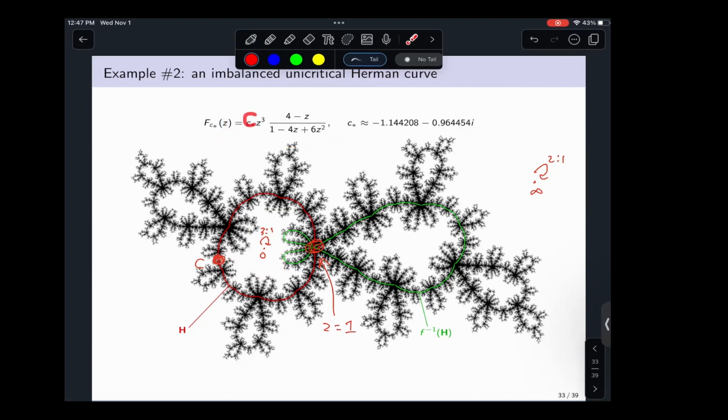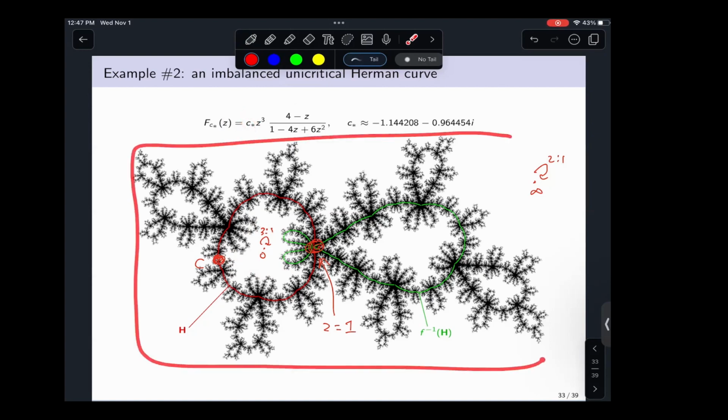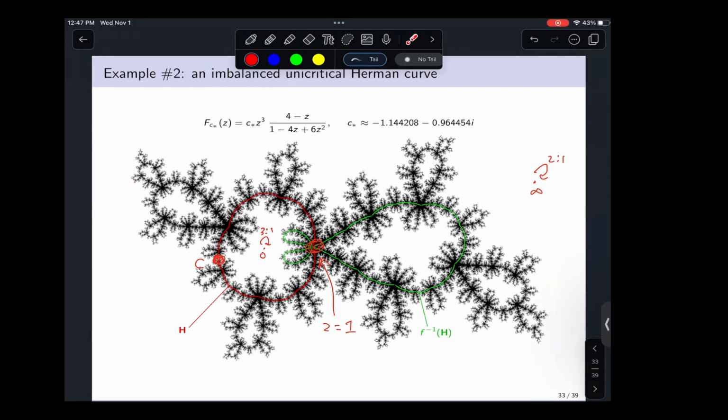Okay, C, z cubed, and this fraction over here. And then by rigidity, I know that there exists a unique parameter C, and that gives me the following picture. And this is the one I get out of picking the rotation number to be the golden mean, because we like the golden mean. Okay.